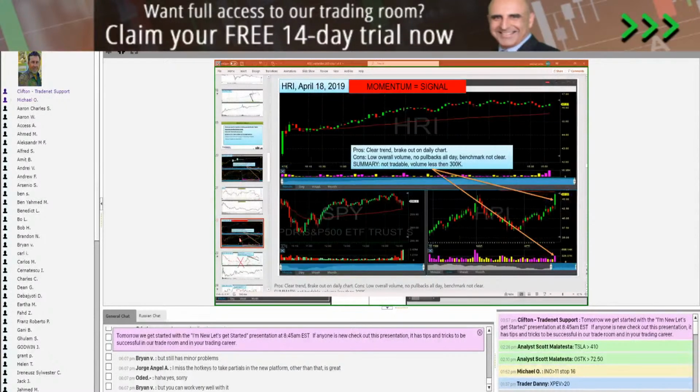Most of the time, those are going to be lousy performers, because only 300,000 shares means that there is no fight amongst institutional traders for this one. Okay, a fight means millions of shares. Here we have something that's nonchalant, barely moving higher, or moving higher on no volume or no relative volume.